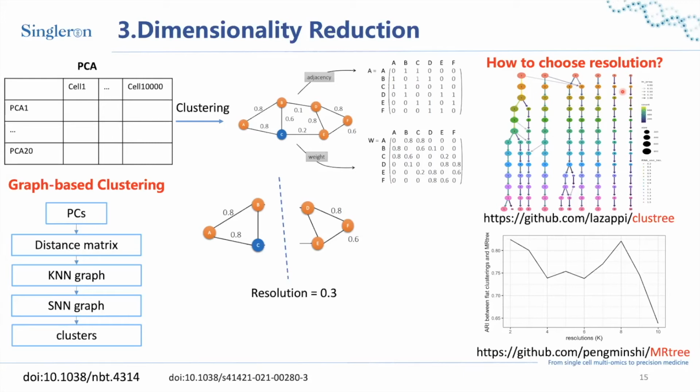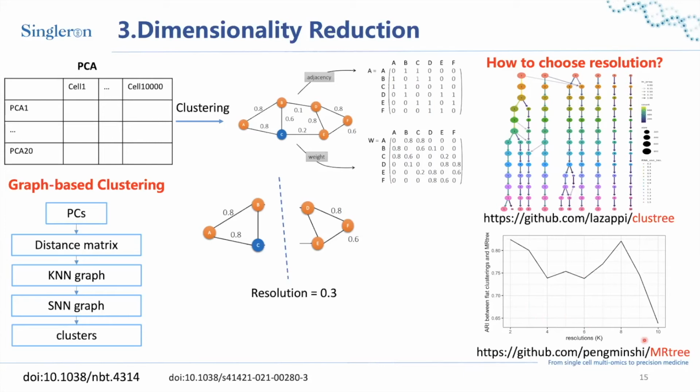Also you can visualize the gene expression of some marker genes on this clustering tree to see whether you can cluster that cell type at which resolutions, and this also helps you choose the resolution.